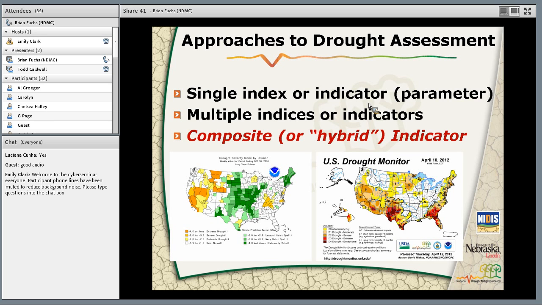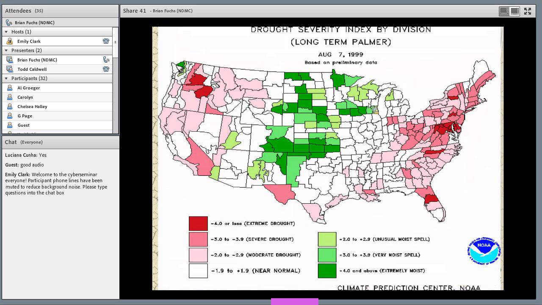And with that, I'm going to discuss the techniques and ways that we work to bring this all together with the work associated with the U.S. Drought Monitor. So in the past, realistically, the Palmer Drought Index was the first real drought index that was developed in the 60s.